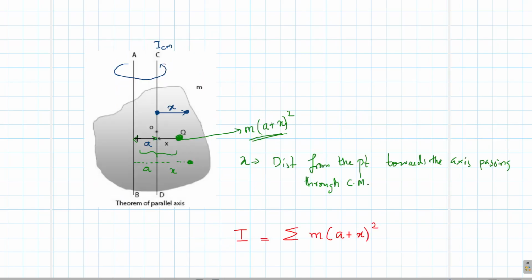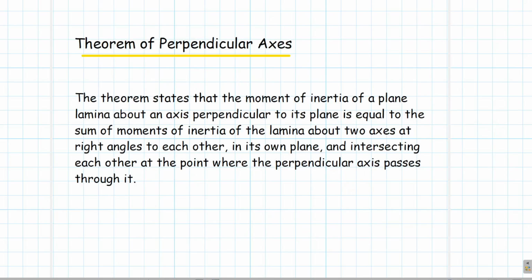We split the total distance from the axis to the point as a plus x, and that is how we proceed. So I hope you understood the concept. Try to visualize this. ICM can also be different depending on the direction of the axis. We will see all those examples in the coming classes.